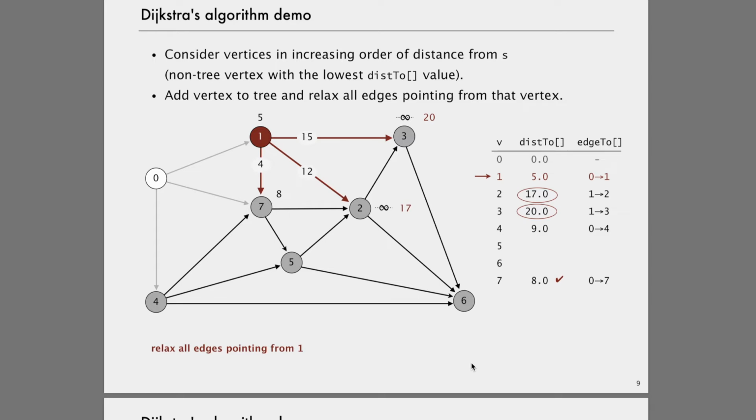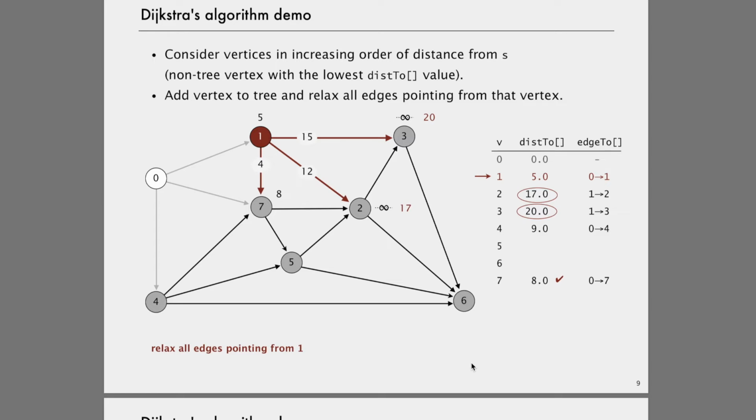And 1 to 2 is also new, we didn't know a way to 2, but we know now, it's 17. So that completes the relaxation of all the edges pointing from 1.